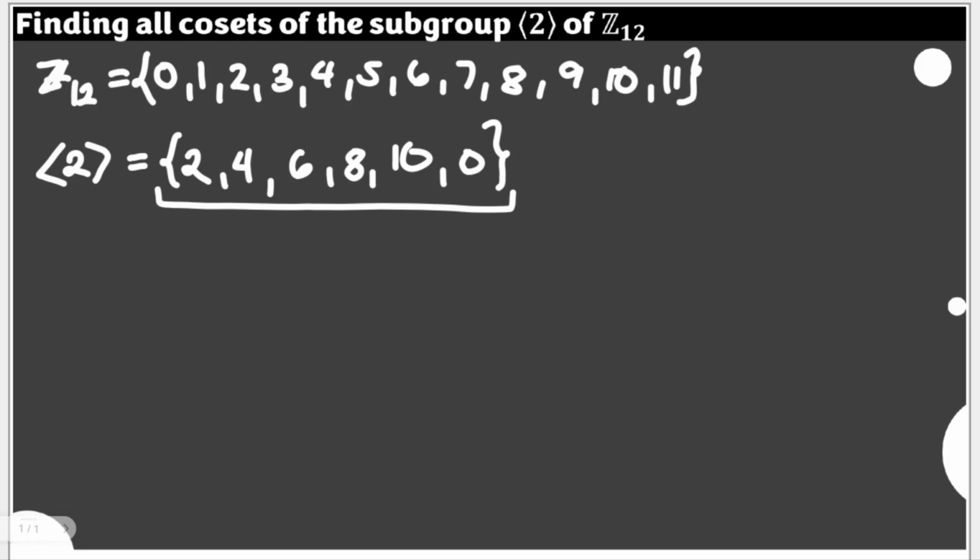We are asked to find all the cosets of this subgroup of Z12.